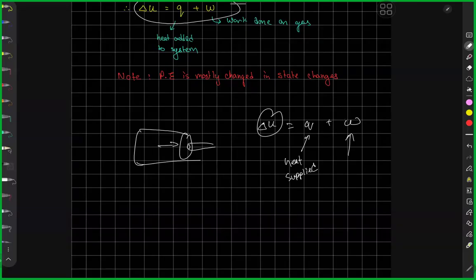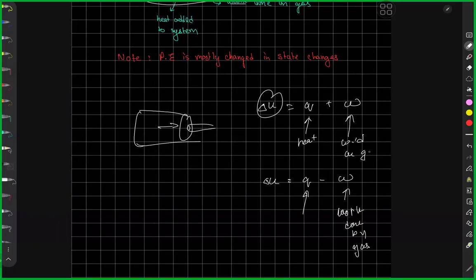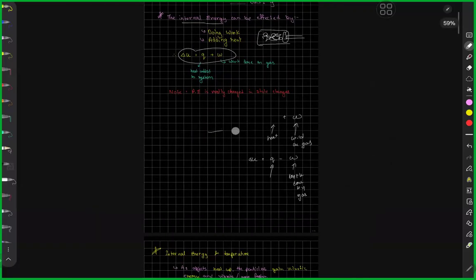If the volume is increasing, the formula becomes this, because work is done by the gas, so the gas loses energy. These are the two forms you have. In both cases, it's heat supplied. So the change in internal energy is the sum of heat supplied plus work done on the gas. Clear? This is the formula of change in internal energy.